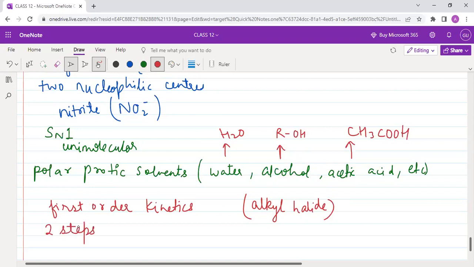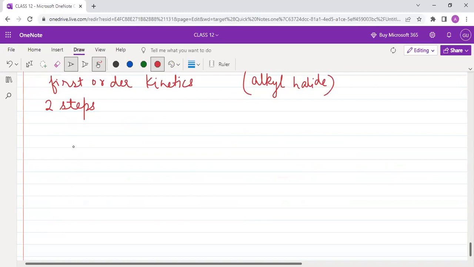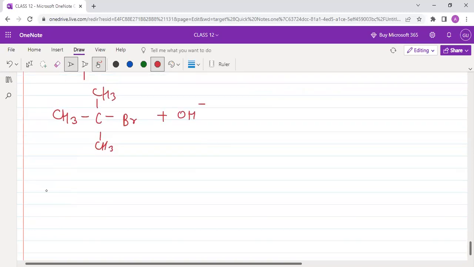It takes place in two steps. In the first step, suppose we have an alkyl halide, (CH3)3C-Br, and we have the nucleophile OH minus. In the first step, the carbon and bromine bond will break.